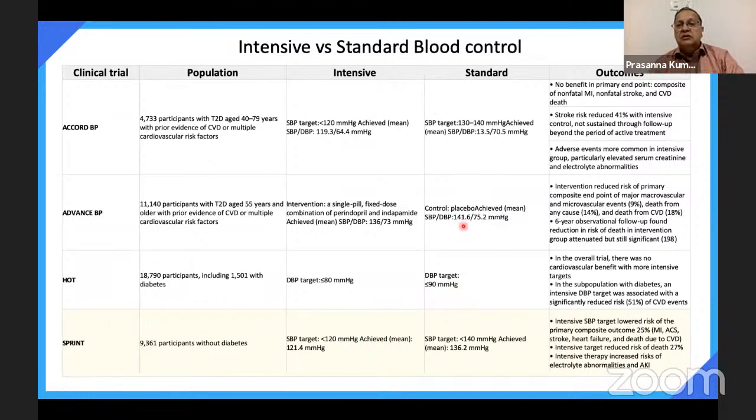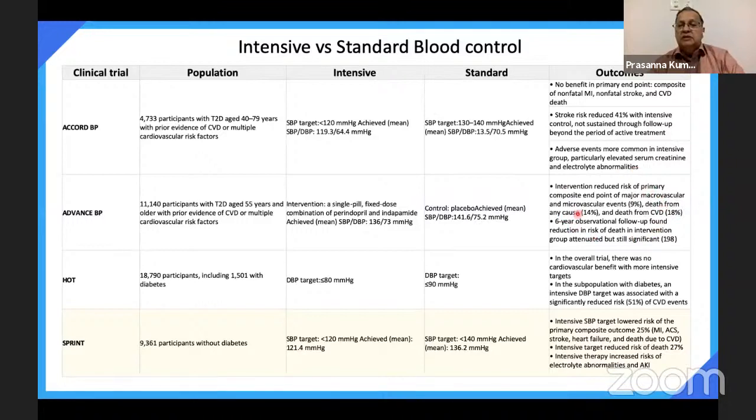All these trials showed initially no benefit in the primary composite endpoint of non-fatal MI, non-fatal stroke, or CVD death. Stroke risk was reduced by 41% with the intensive group, but this was not sustained through follow-up beyond the period of active treatment. When they were in the trial, they could achieve it, and it reduced the risk by 41%. Adverse events were more common in the intensive group, particularly elevated creatinine and electrolyte abnormality.